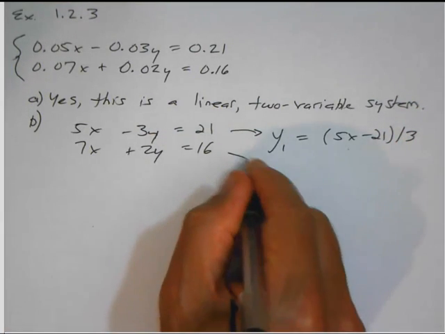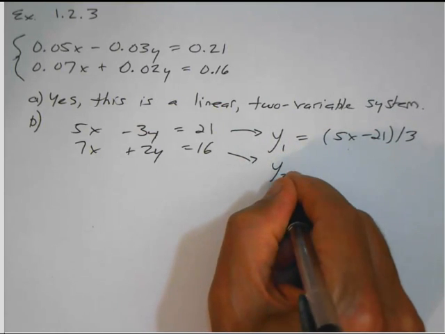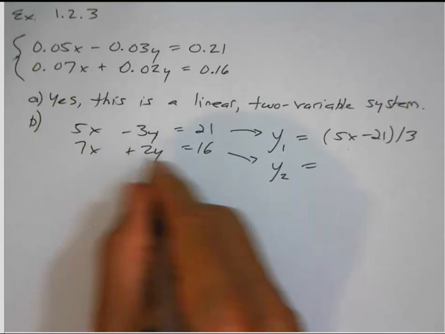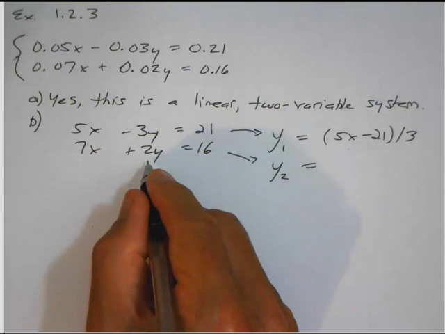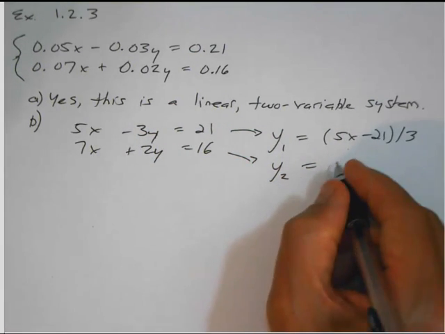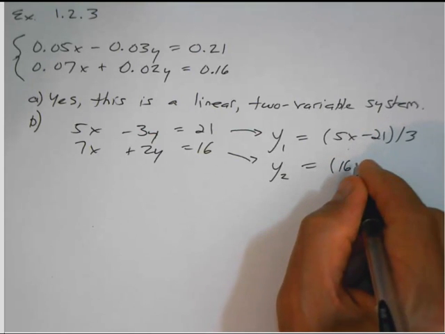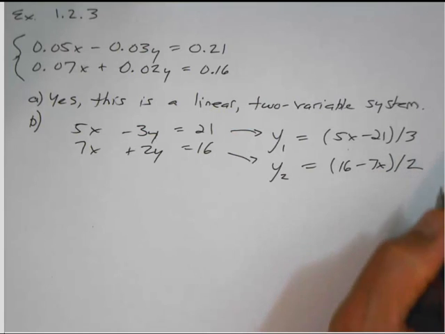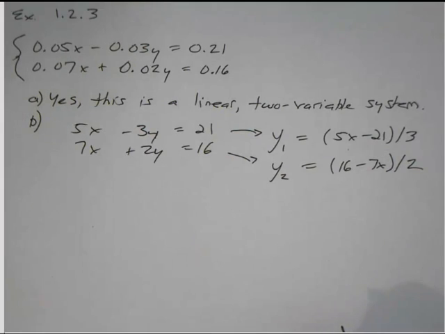Okay, the second equation. Y sub 2 equals, how to solve for y here? Subtract 7x from both sides and divide both sides by 2. That would have 16 minus 7x divided by 2. Alright, we're ready to go to the calculator.